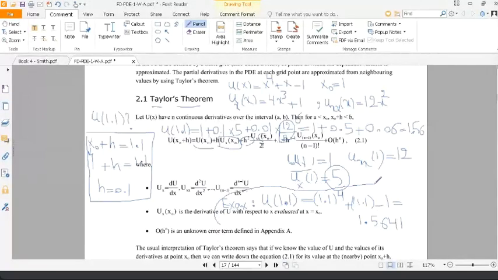Is it clear for all of you? Is it the exact solution? Because I put 1.1 into the formula of u, okay?